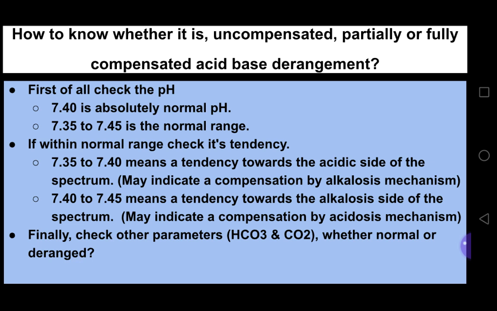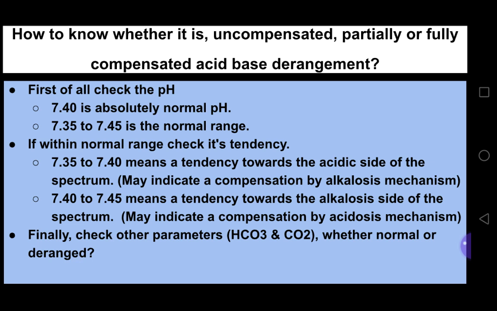On the other hand, if blood pH is 7.4 to 7.45, although again it is within normal range, it means a tendency towards the alkalosis side of the spectrum, and it may indicate a compensation by acidosis mechanism. This is very important to understand.